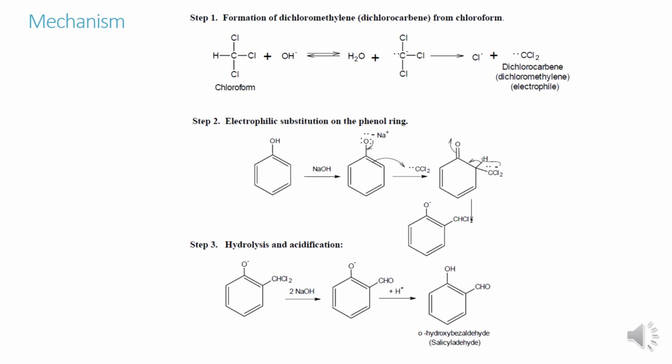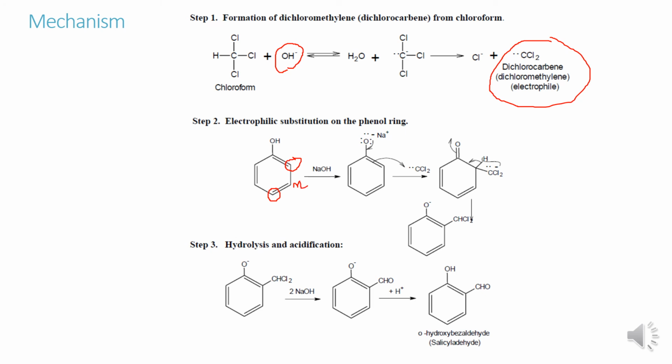The electrophile is the dichlorocarbene. It could be prepared through chloroform in presence of base, followed by electrophilic substitution on the phenol ring. It is possible at the ortho or para position of phenol, because electrophilic substitution takes place at ortho or para, which are electron rich centers, rather than meta.